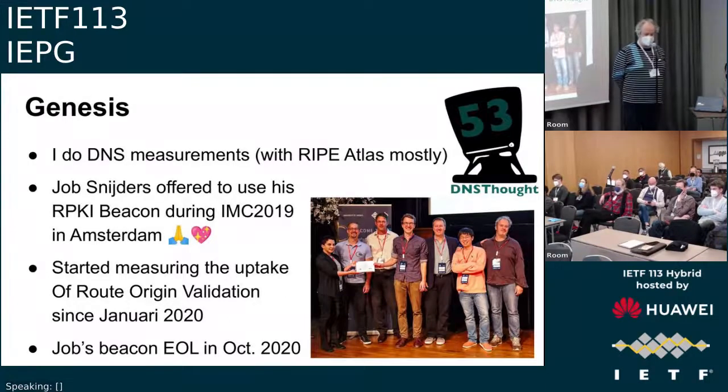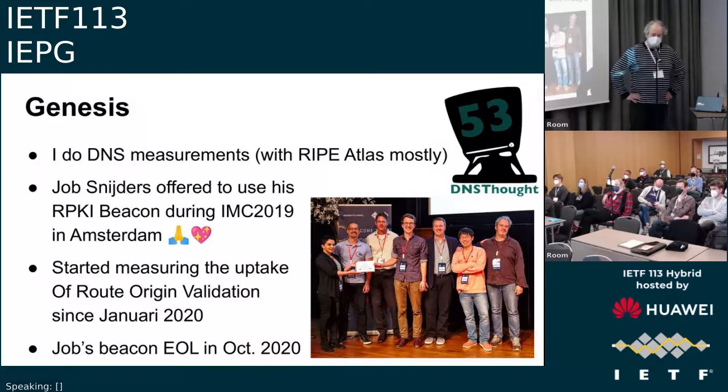So I sometimes do DNS measurements. Here you see a picture. That's me, taken at the Internet Measurement Conference in 2019 in Amsterdam. We were awarded for a research paper on the root key rollover.